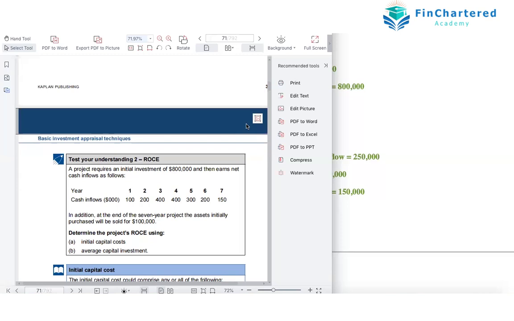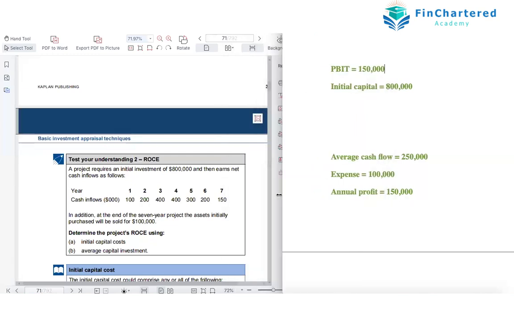So the cash inflow for every year is 100, and it is also sold for 100. Then I calculate 1050 divided by 7 equal to 150, the average profit 150, and I already calculated. Basically, I understood your question.